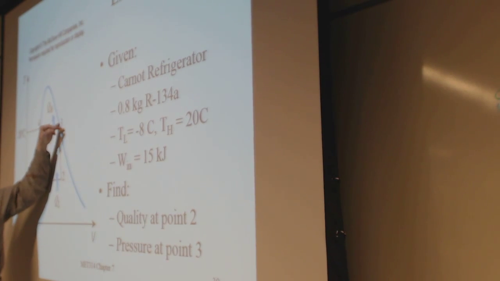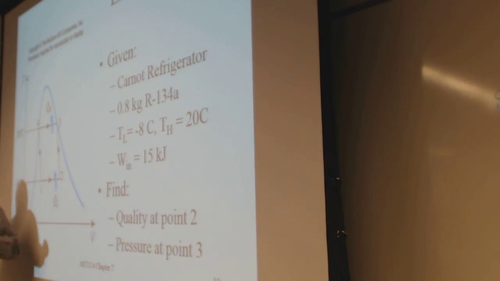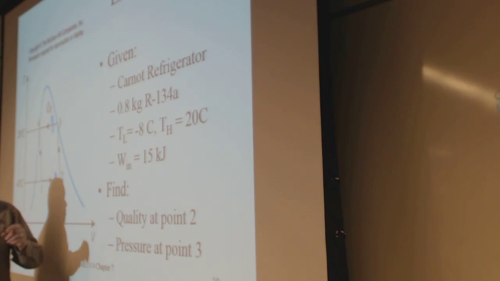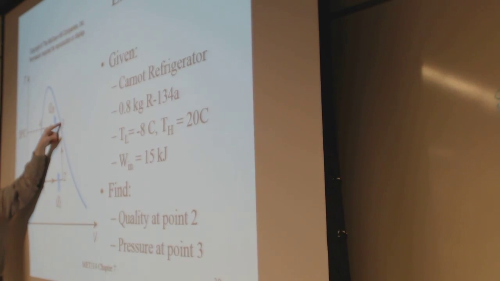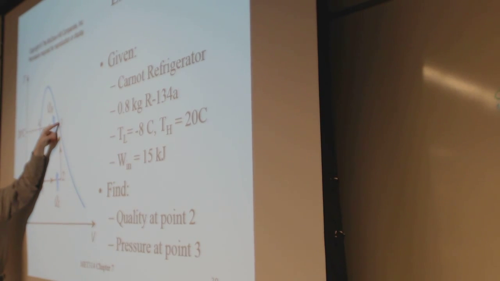If we know that this point is supposed to be saturated vapor, there's a value for entropy that goes with this temperature and pressure, that state. It has a value for entropy in the tables.